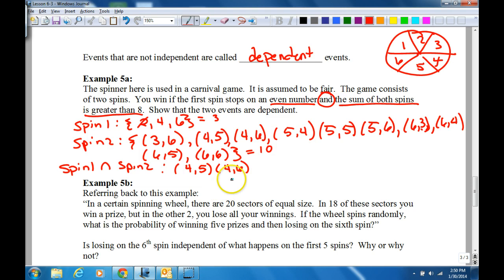The first one has to be even. 6 and 3. 6 and 4. 6 and 5. And 6 and 6. How many is that? 1, 2, 3, 4, 5, 6 of them total right there.